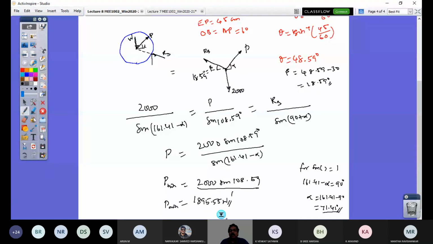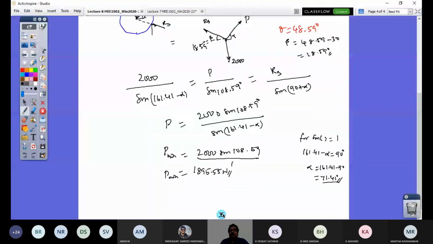And then I can calculate my reaction, because I know alpha now, so 90 plus this, so I can substitute here. So RB will be equal to 2000 by sine 90, and I substitute alpha into sine 161.41 degrees.